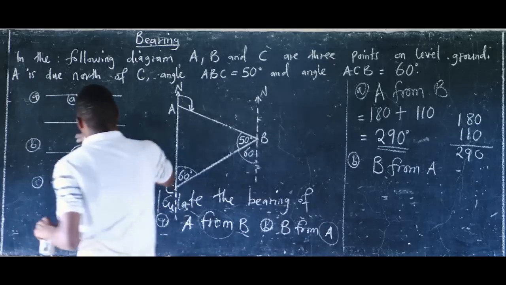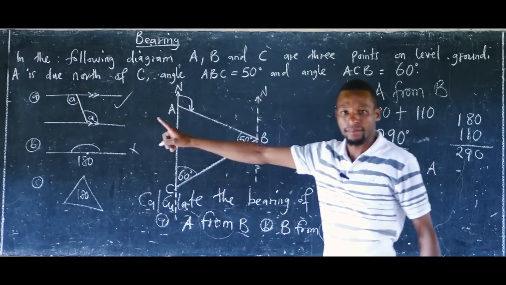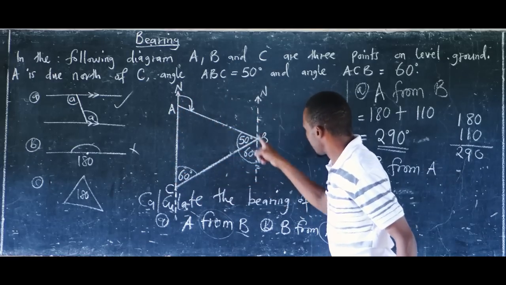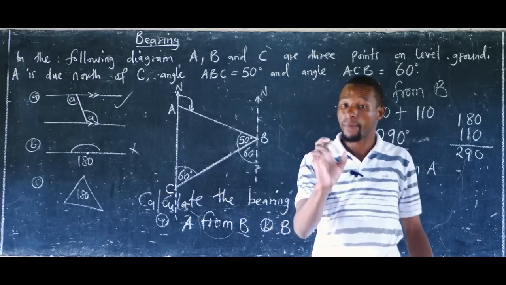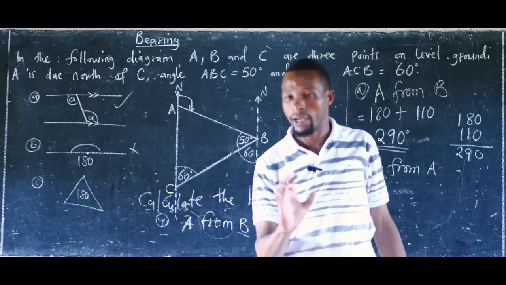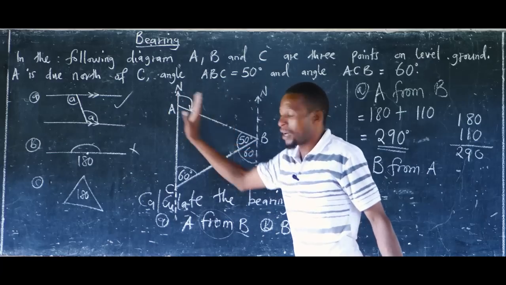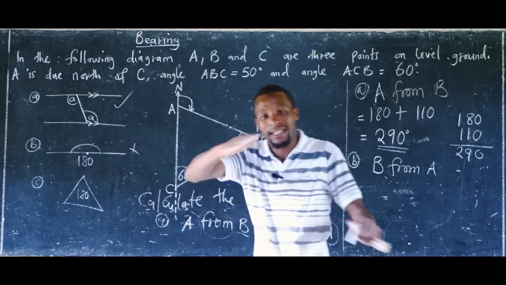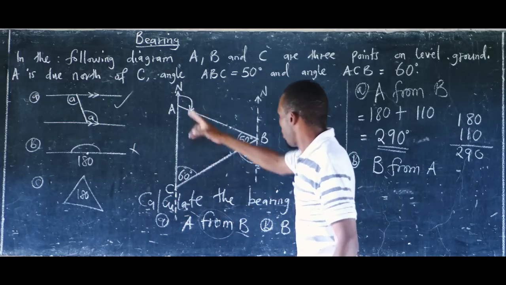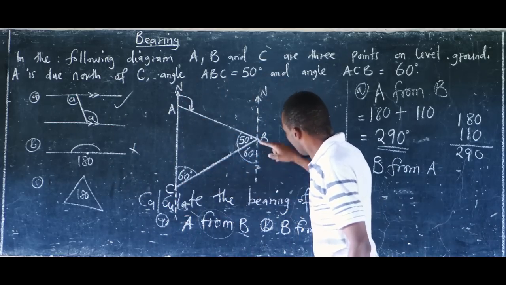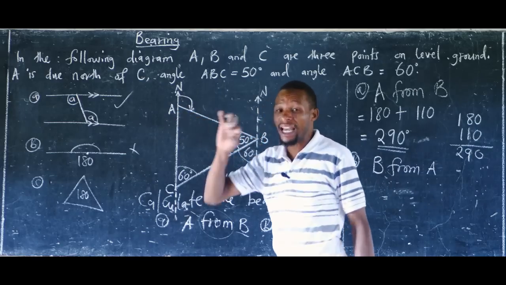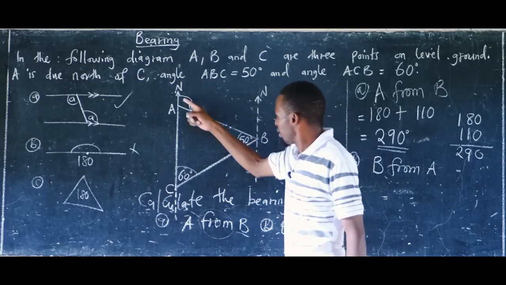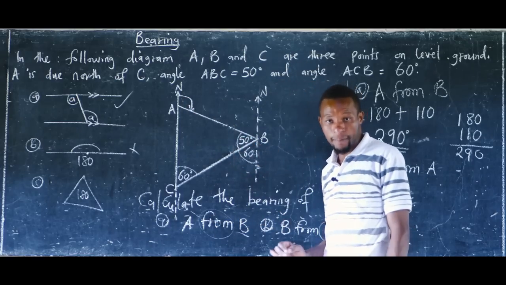We come back. Have you seen? We'll come back to this. When you look at this line here and this line here, these two north lines, they are parallel to each other. Okay? Once you know that these are parallel, then you begin to look for the transverse. What is cutting those two parallel lines? So what is cutting this and this? It is the same line which is connecting A and B. So meaning the alternate angles here, they are supposed to be the same.